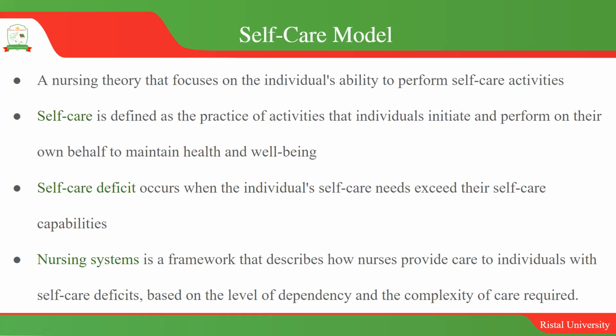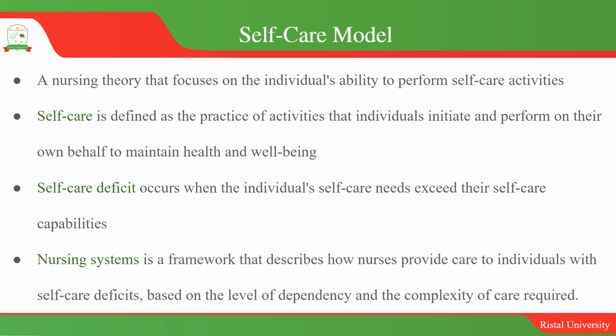And now what we call the nursing systems in this theory is a framework that describes how nurses provide care to individuals with self-care deficit based on the level of dependence and complexity. We shall look at this later on. You have those patients who are relying on nurses or on others for most of the activities.